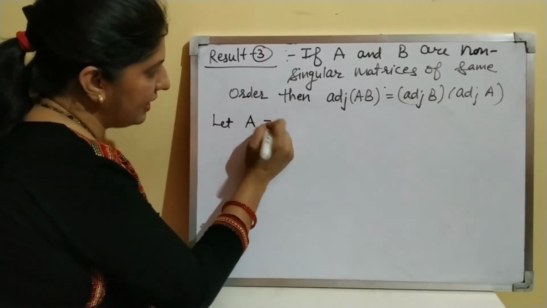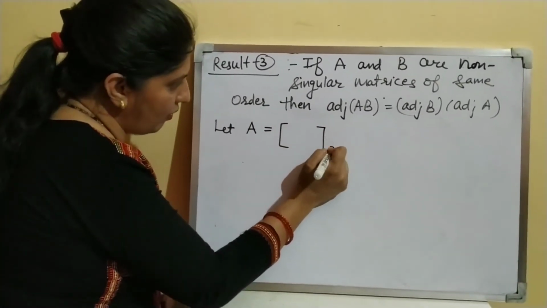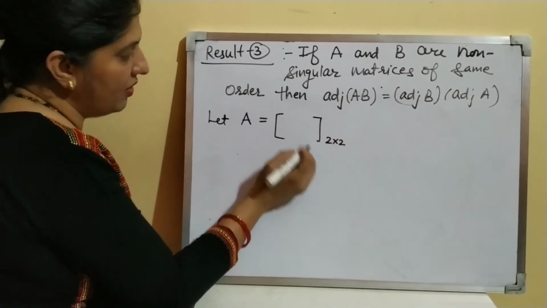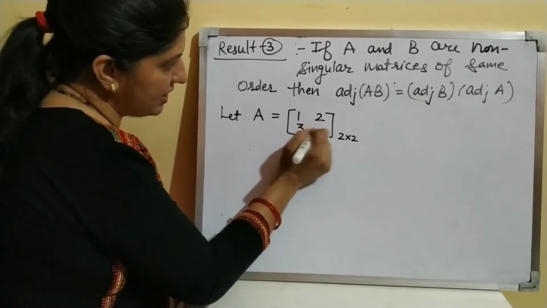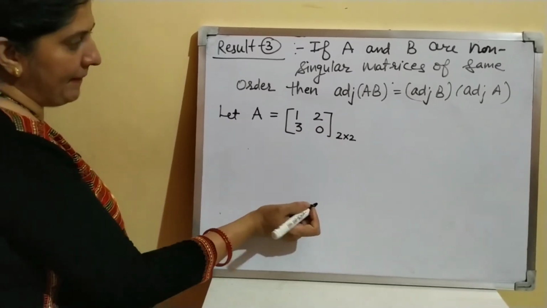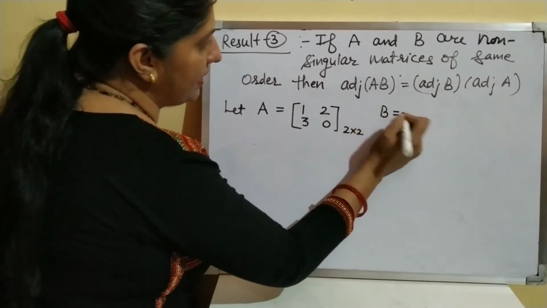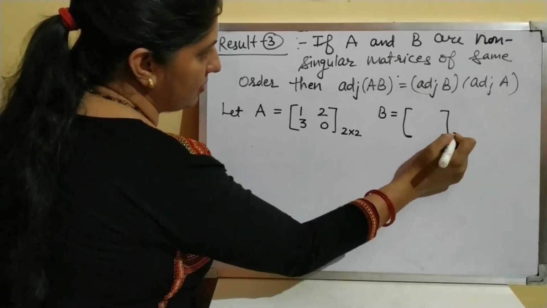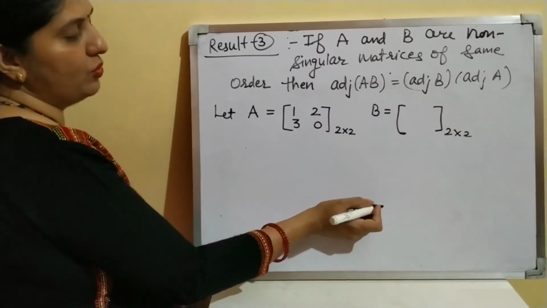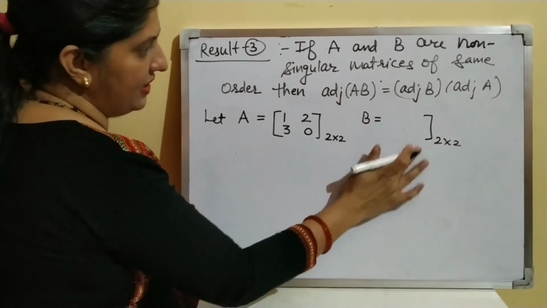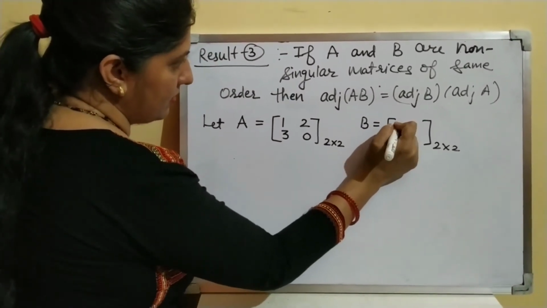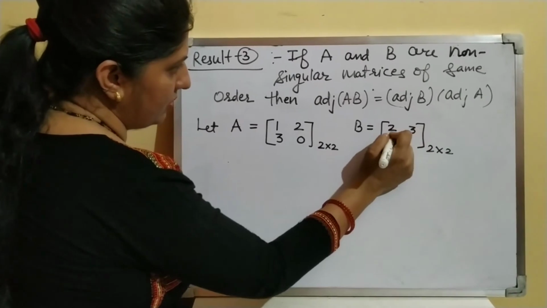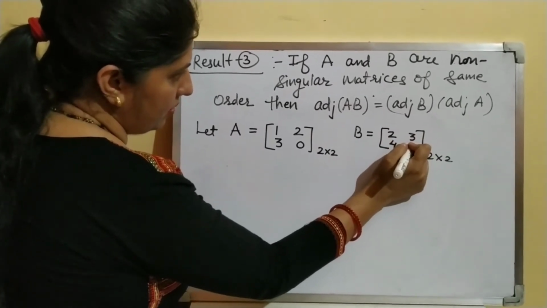Let A be a matrix of order 2 by 2 with entries 1, 2, 3, 0, and B is also a square matrix of same order 2 by 2 with entries 2, 3, 4, 0.